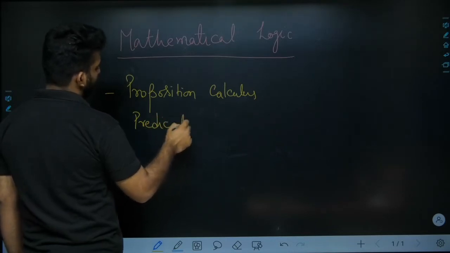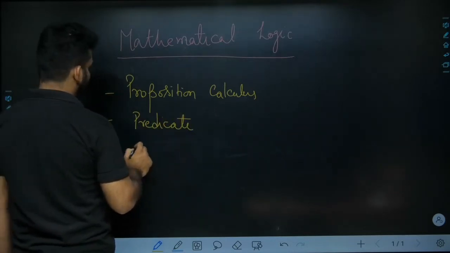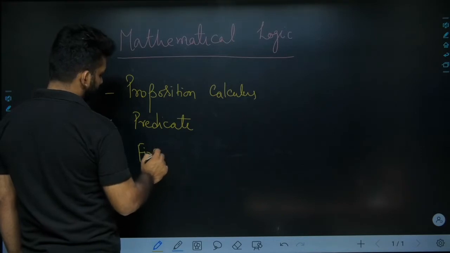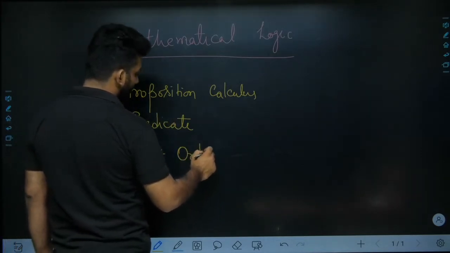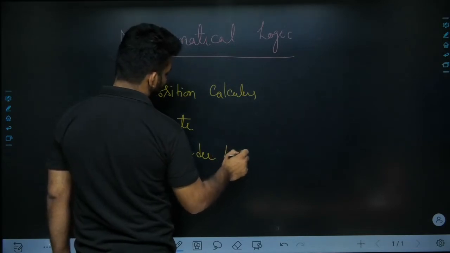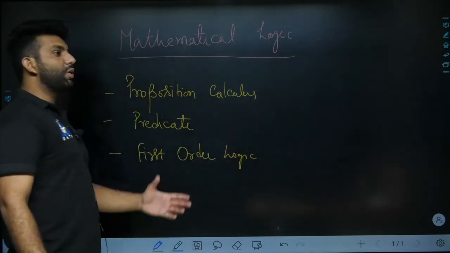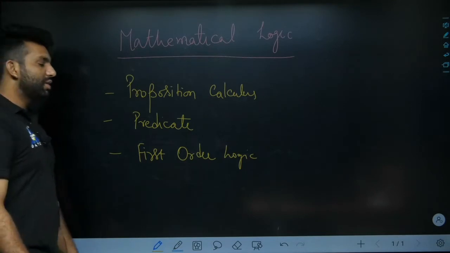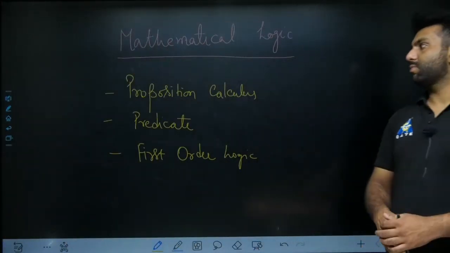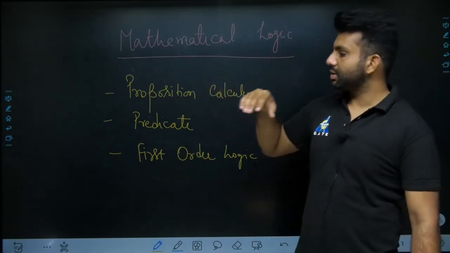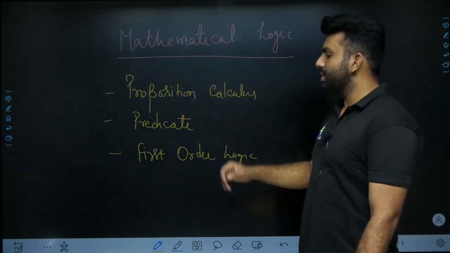Then we'll be talking about first order logic. How these two are different, we'll understand properly. What are higher order logic, we'll understand. Why do we call this first order logic, we'll understand each and everything over here. So, first of all, we'll start with propositional logic, then predicates, and then first order logic.